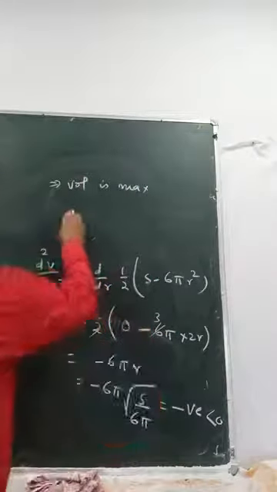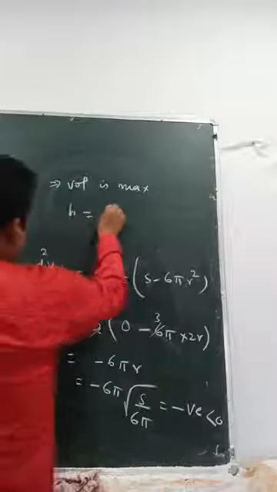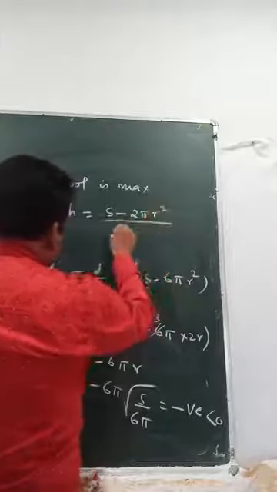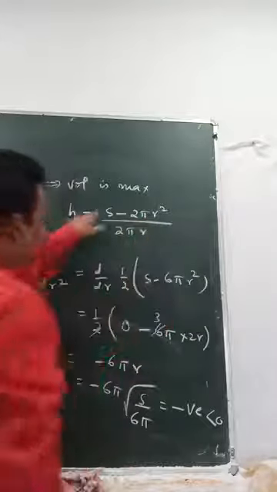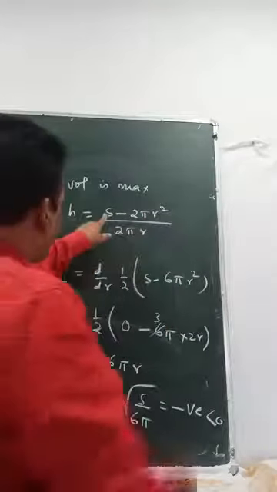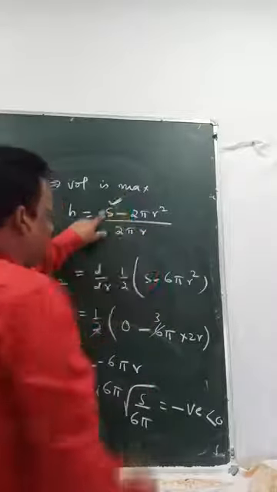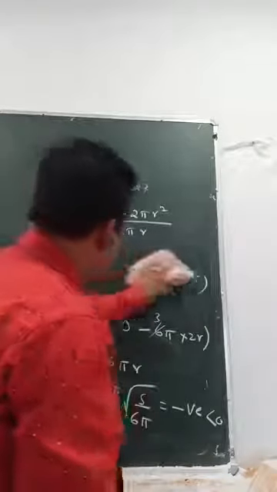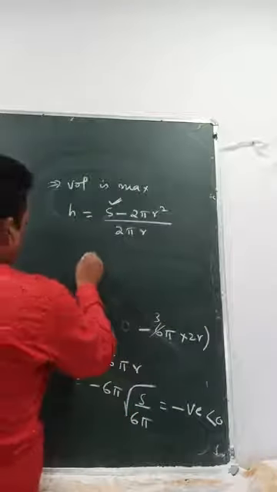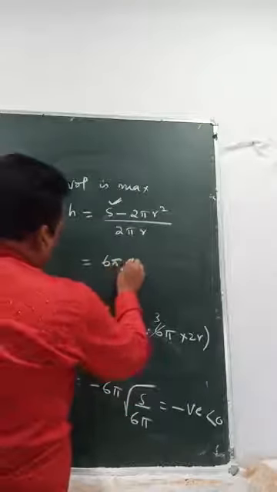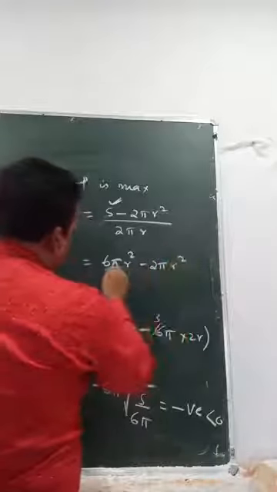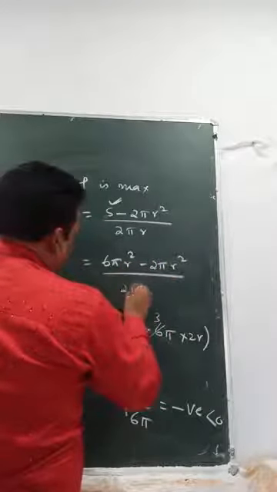Now you have to prove height equals diameter of the base. Look at what I wrote, there is a box I have made there: S minus 2 pi r square by 2 pi r. And the value of S I have also kept in the box. S was 6 pi r square. So that is 6 pi r square minus 2 pi r square divided by 2 pi r.